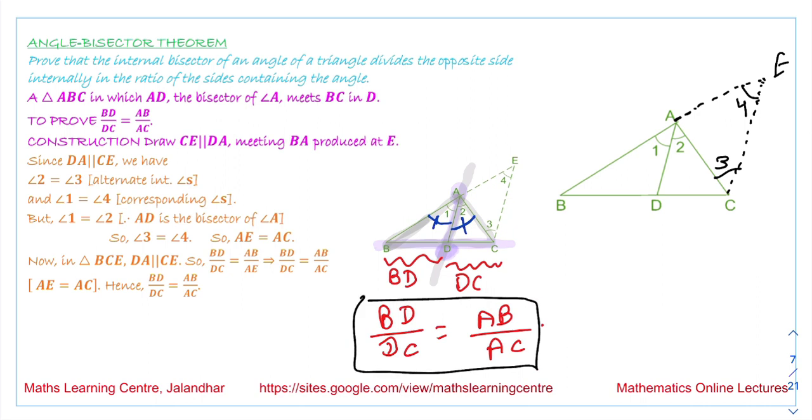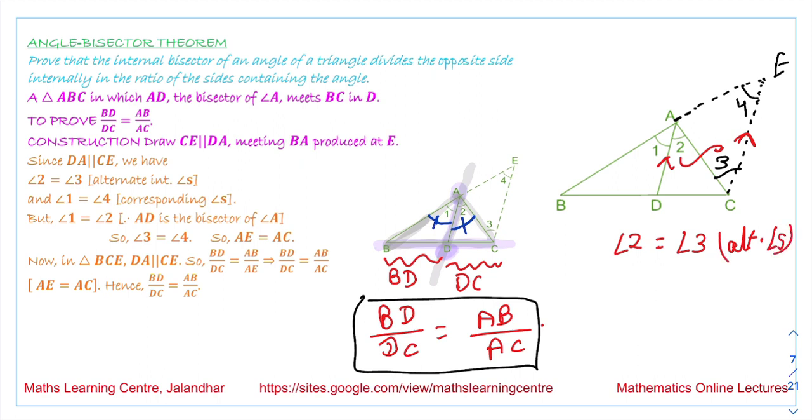If we look at the angles over here, the DA line and this line are parallel to each other. So angle 2 is equal to angle 3, because these are the alternate angles.